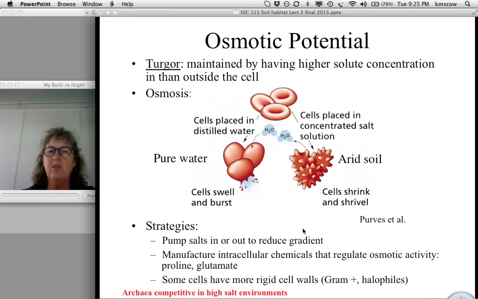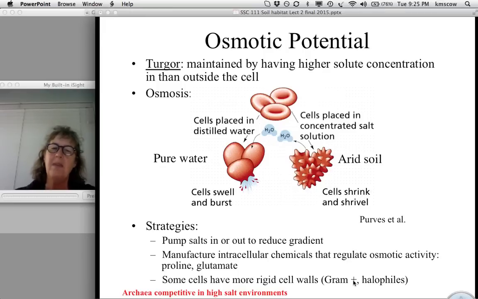So what do organisms do to try to deal with this? They may actively pump salts inside themselves or outside themselves, depending on what they're trying to deal with, to reduce this gradient in solute concentration across the cell. They may also manufacture intracellular chemicals. They might be organic compounds like proline or glutamate that will help regulate osmotic activity.